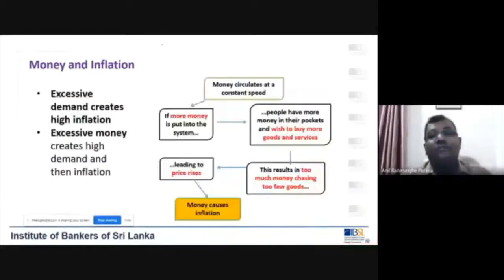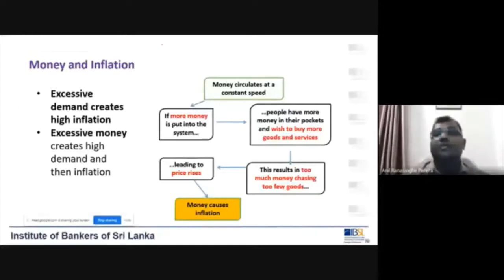Here I have very simply mentioned, excessive demand creates high inflation. Demand is fine. The problem is excessive demand. Excessive demand in a shorter period, you can't fulfill, so that excessive demand is the source of high inflation. How does it happen? Through excessive money.